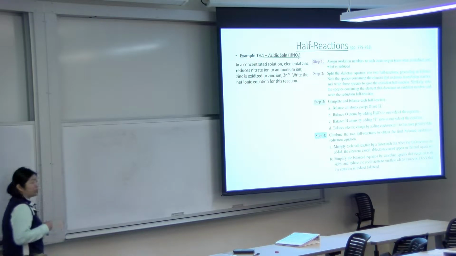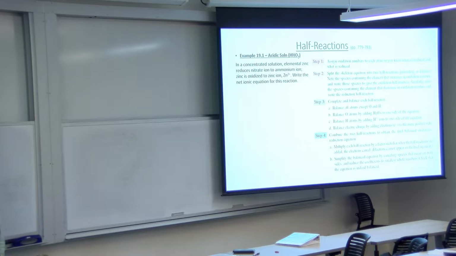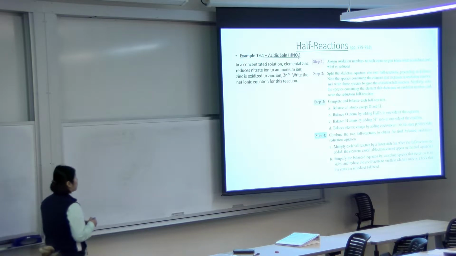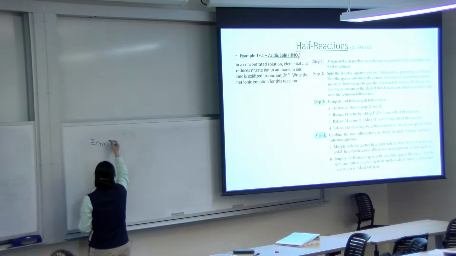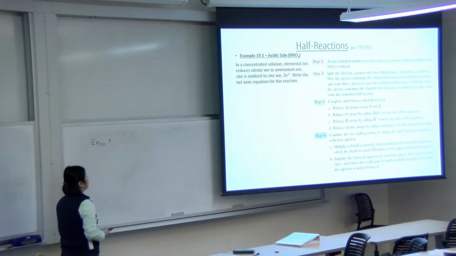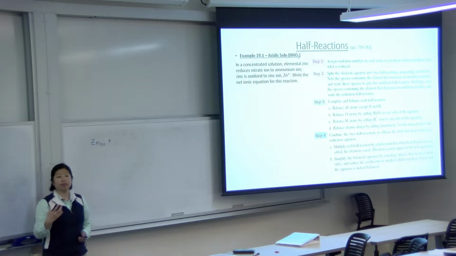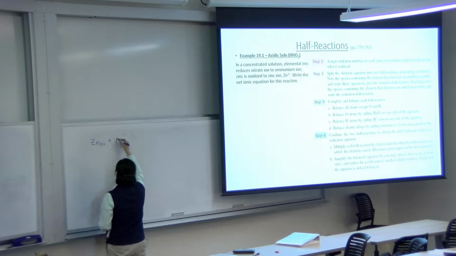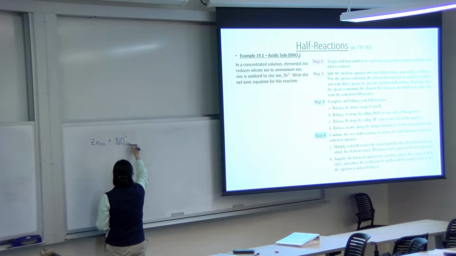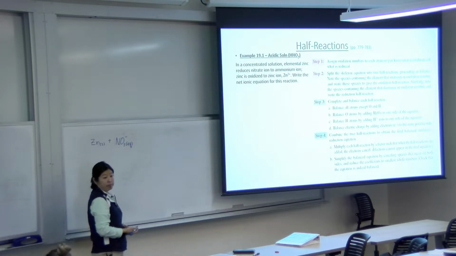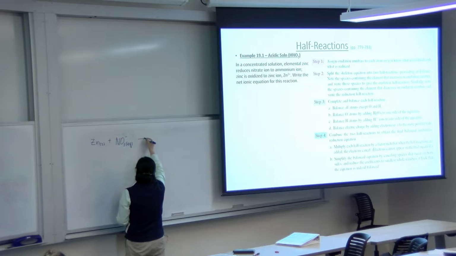So zinc is reacting with what? Okay, so zinc is elemental, so it should be solid. It is reacting with nitrate. What is nitrate? NO3 minus. Because it is an anion, it should be aqueous. The states do matter in this problem. Okay? It produces what?